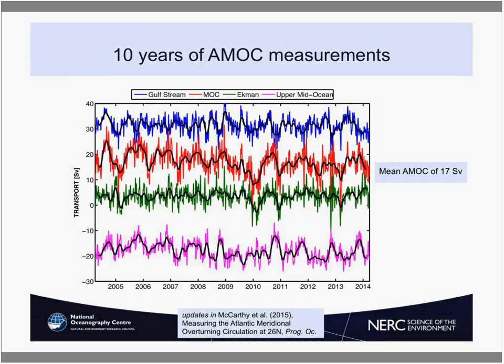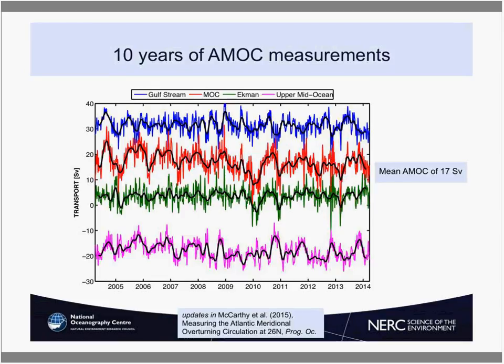We put these elements together to generate a time series of these components, including the overturning circulation. The Gulf Stream, this blue line, is constant at about 32 Sverdrups. We've got the Ekman component, which is the green line, which is weak northwards.